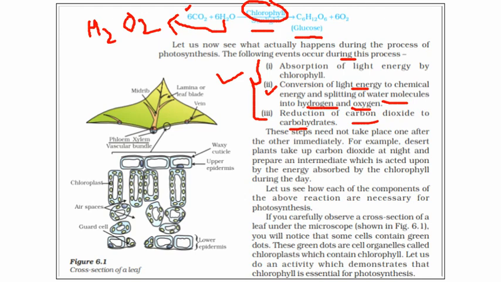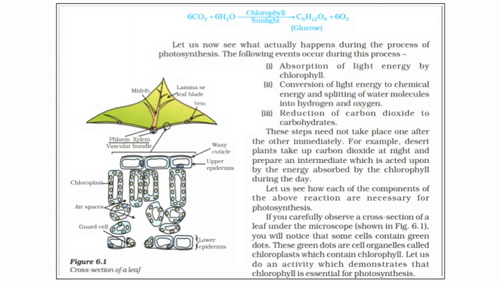Now, these steps need not take place one after another immediately. One example is given, the desert plant example. The desert plant takes up carbon dioxide at night, that means it takes the CO2 gas at night, and prepares an intermediate which is acted upon by the energy absorbed by the chlorophyll during the day.